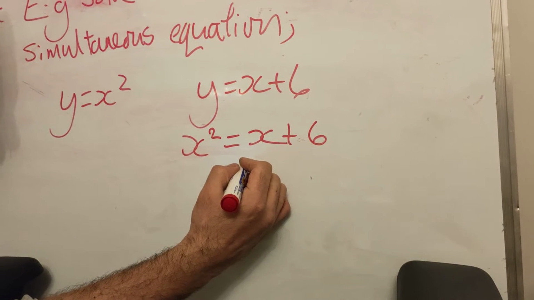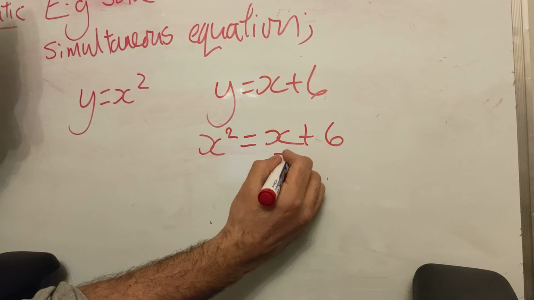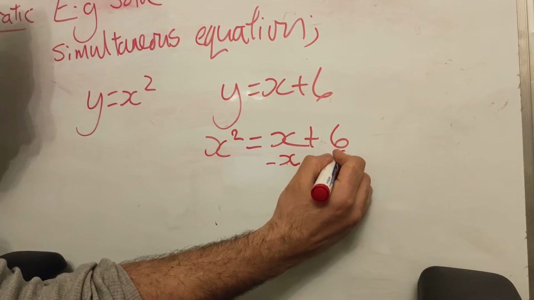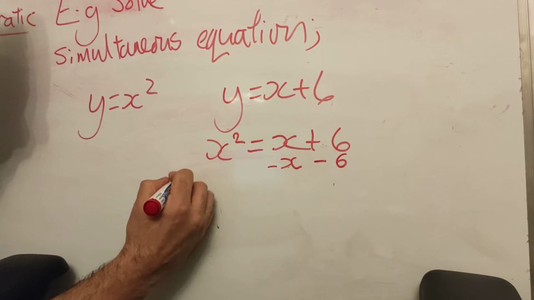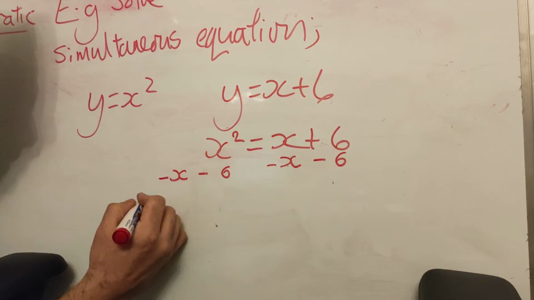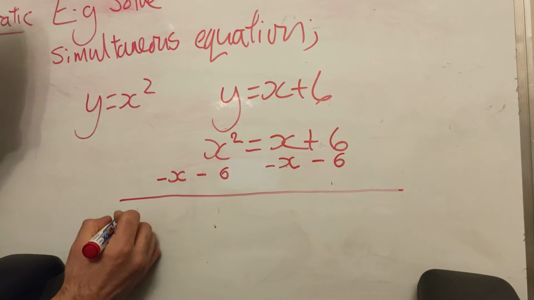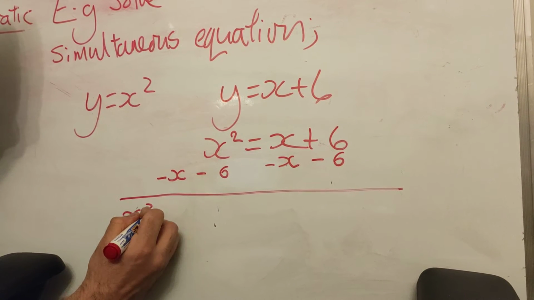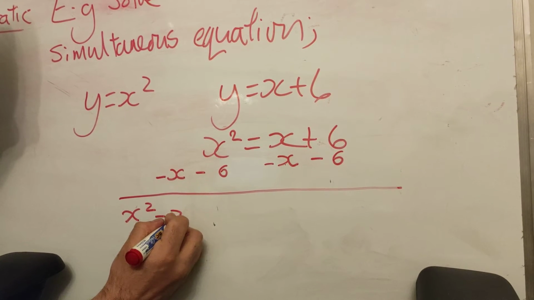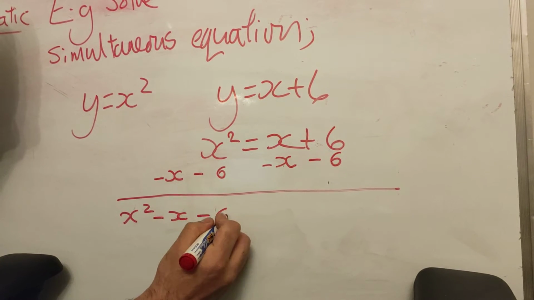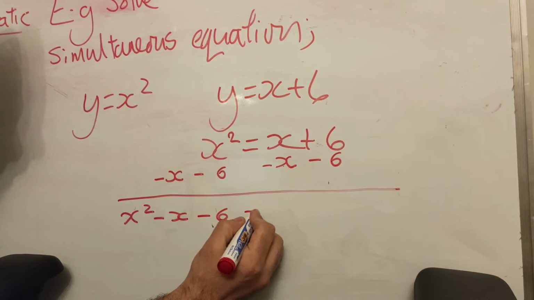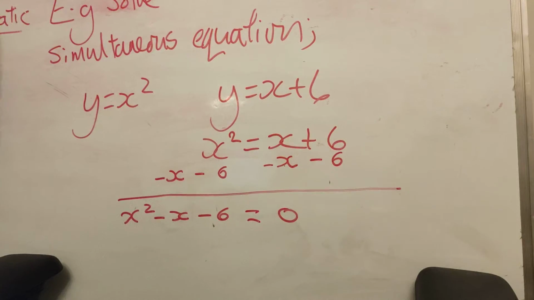So let's just do this one step at a time. So take away x, take away 6. I'm going to take away x and take away 6 from this side. And what I'm left with when I do that is x squared, take away x, take away 6. Well, this is gone, equals 0.